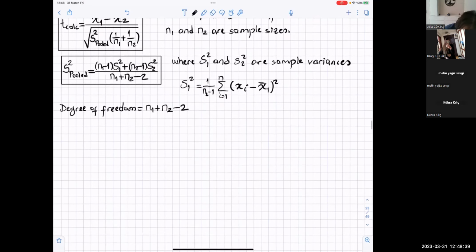So the critical value is t with df degrees of freedom and alpha for a one tail hypothesis.